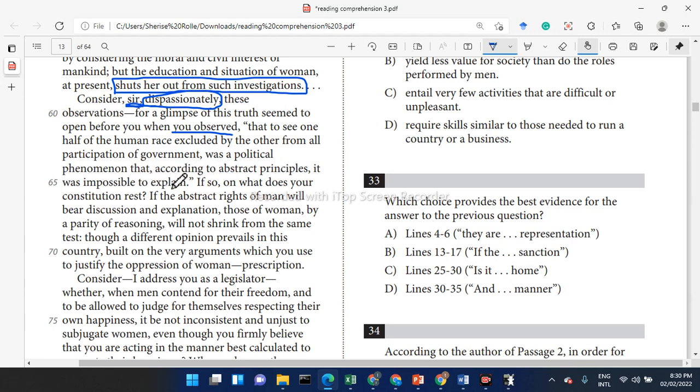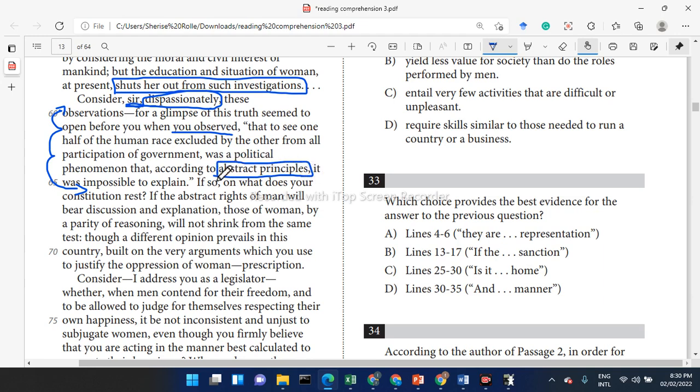So what she is doing here is saying, hey, remember what you said in your essay, that you cannot explain why women are not involved in politics. In fact, you are even surprised, and you cannot explain it according to abstract principles, right?